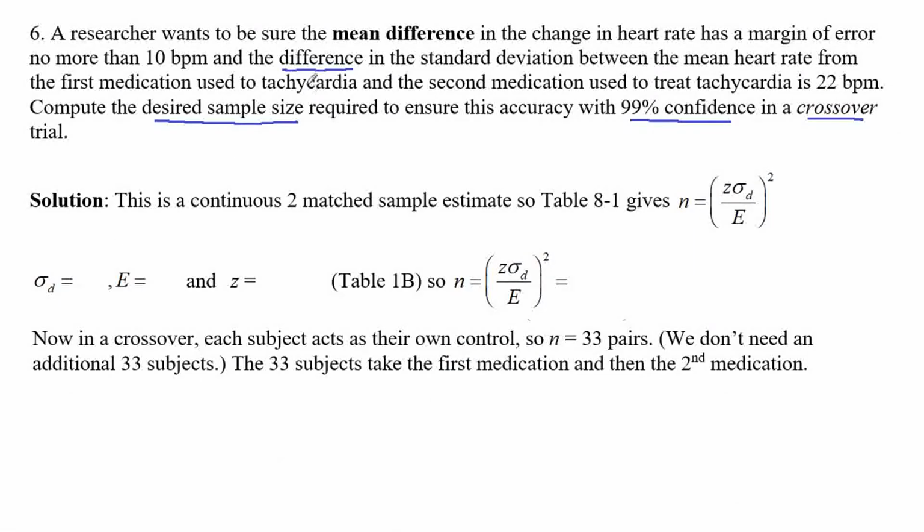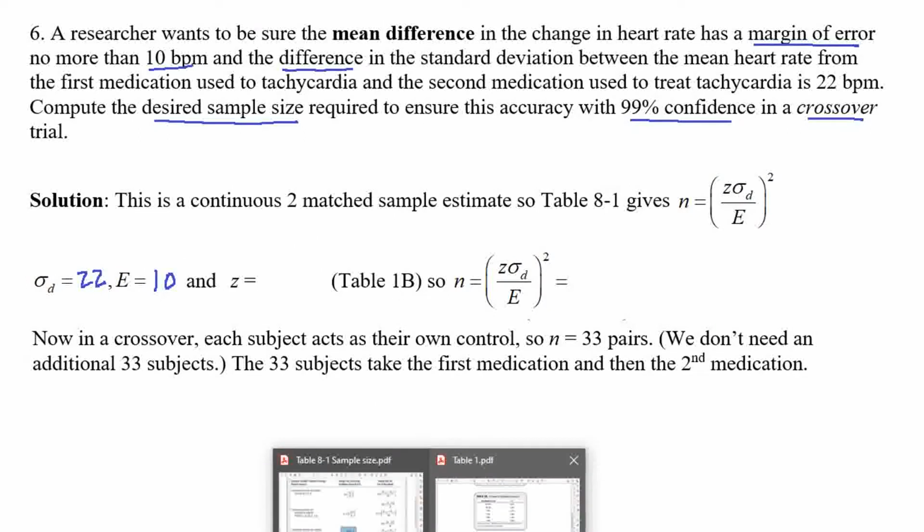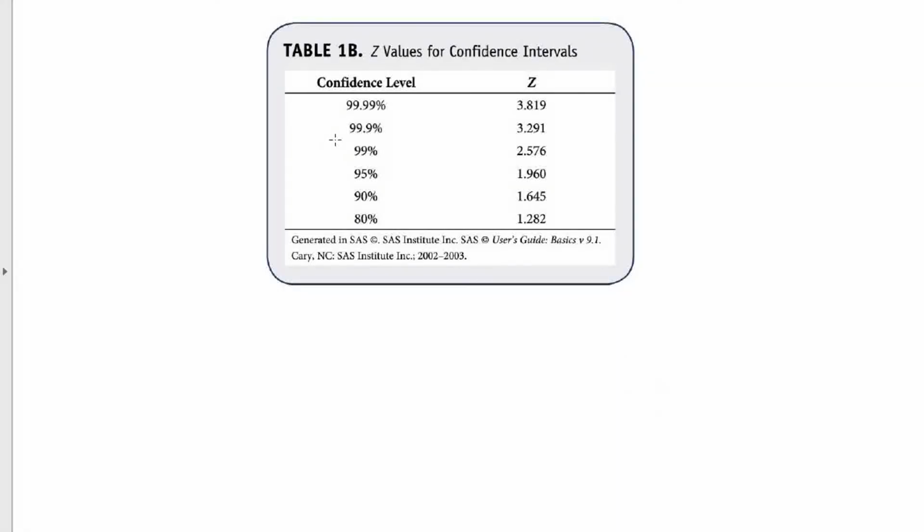So this is, they described it as the difference in standard deviation, but that is 22 beats per minute. So this is 22. E is your margin of error, and we want a margin of error of no more than 10 beats per minute. So E is 10. And then we have 99% confidence, and so the z-score that goes with 99% confidence, that's in table 1b. So that's here, and we see 99% confidence, 2.576.